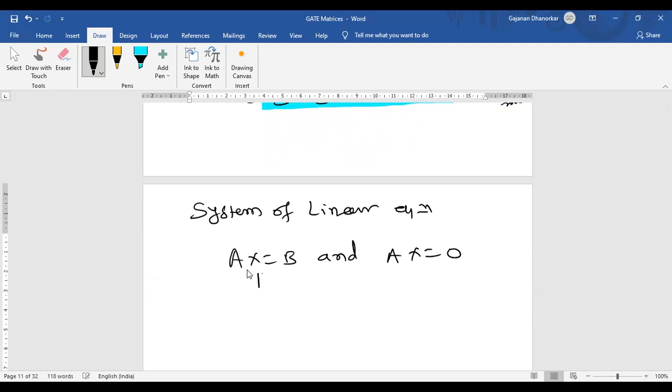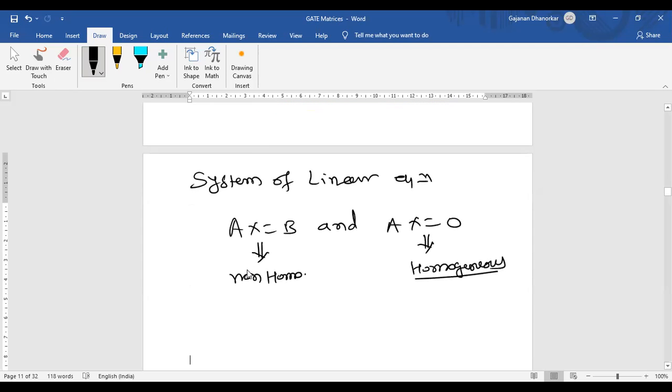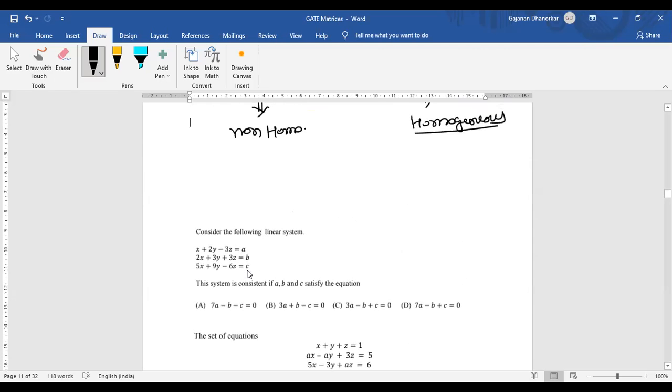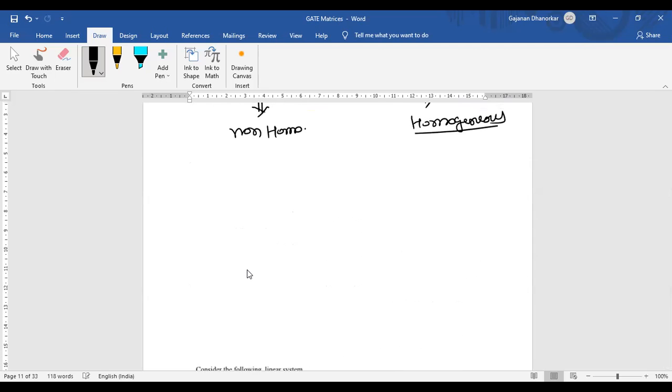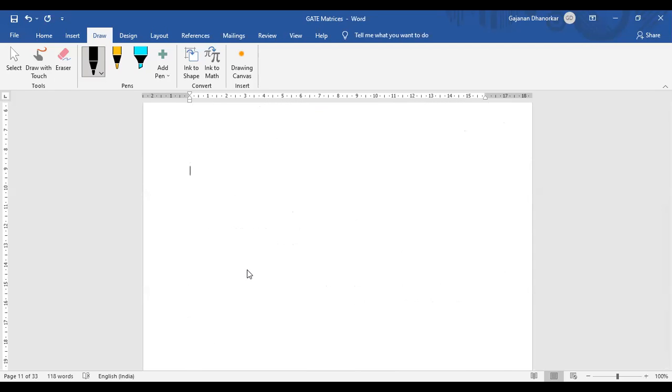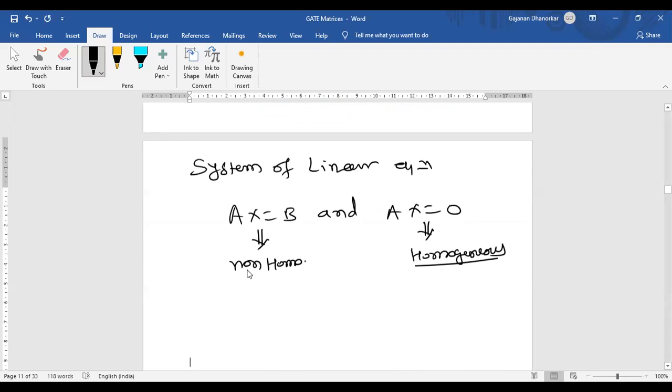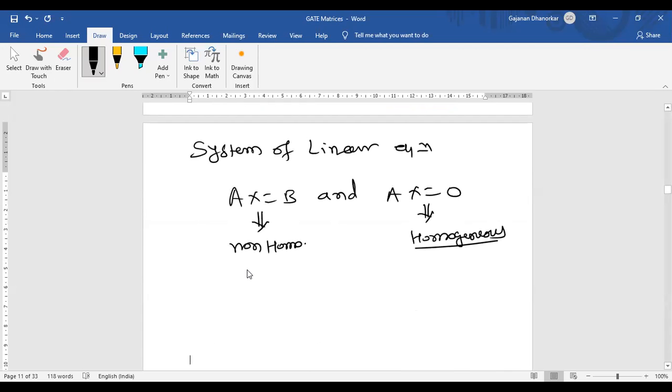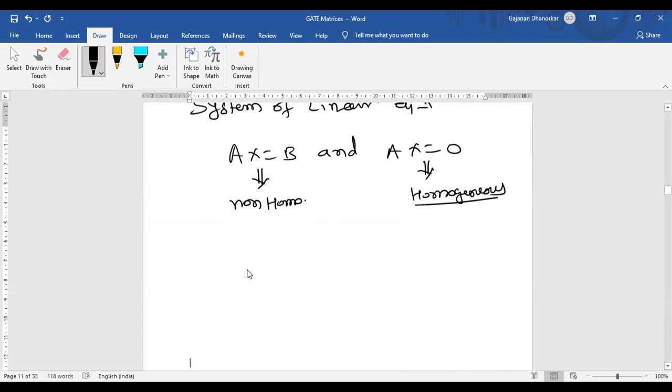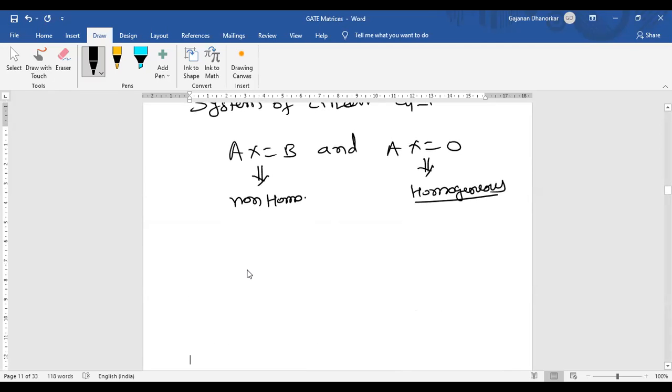If AX equal to B, then this is called non-homogeneous. Now how to remember this? I will take one example and then there is no need to remember this formula directly.